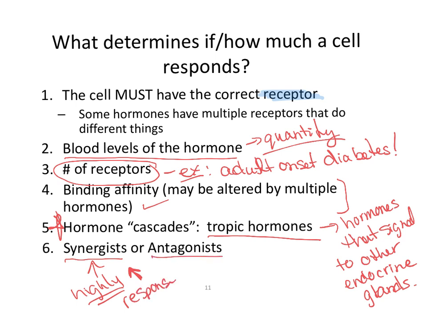Antagonists actually prevent you from having a response. So an antagonist might block a receptor. We use antagonists in medicine all the time. So medically, you should know that antagonists will block the ability of a chemical to act in the body. Synergist, or when one or more hormones elevate the response a lot, antagonist will stop the response.